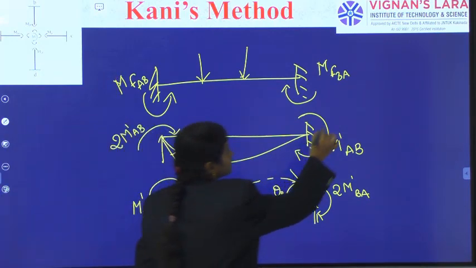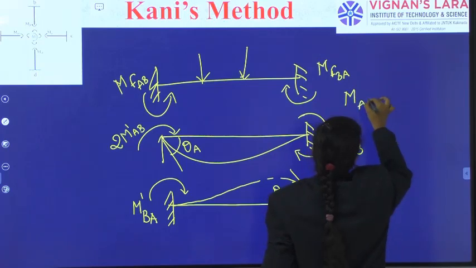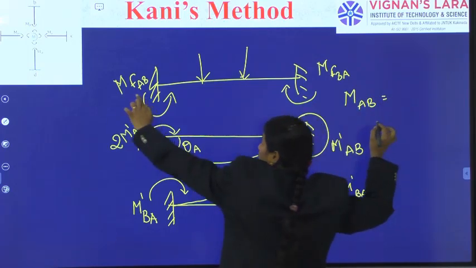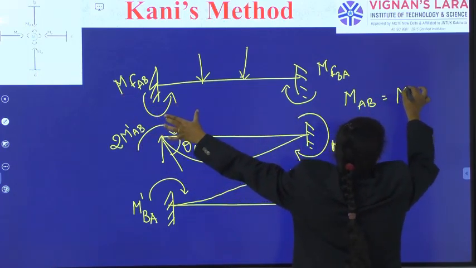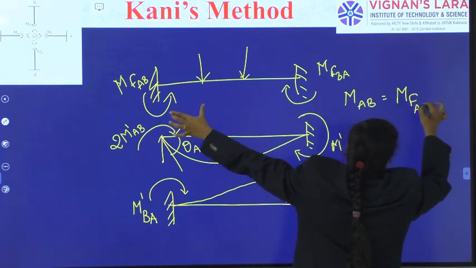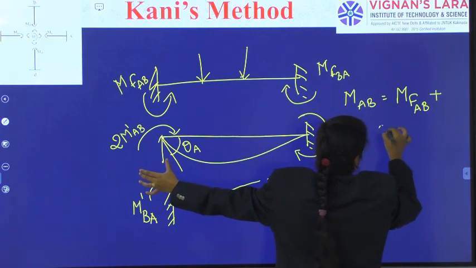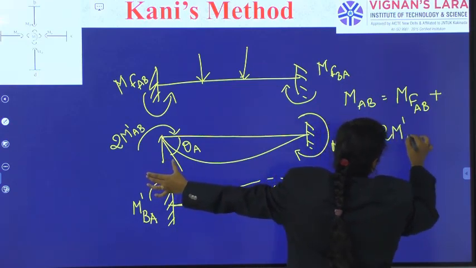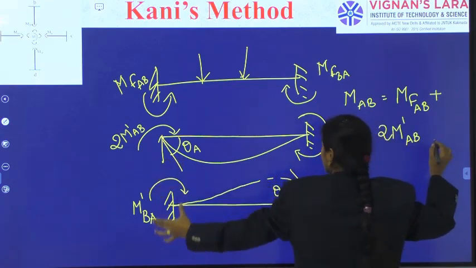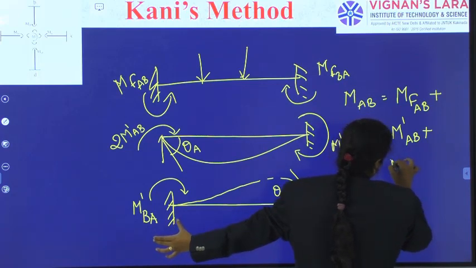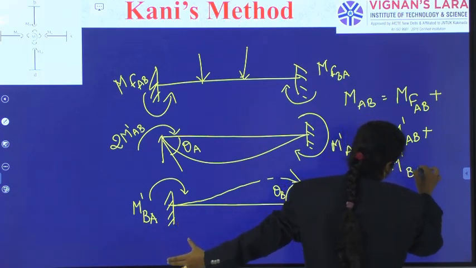Now, MAB is equal to MFAB plus 2 times m dash AB plus m dash BA.